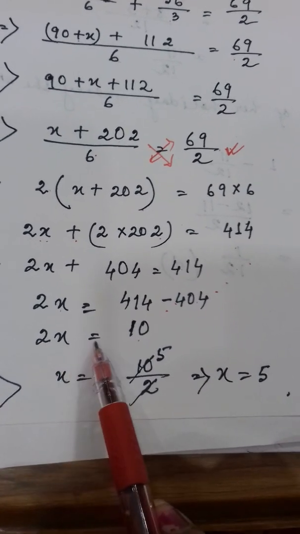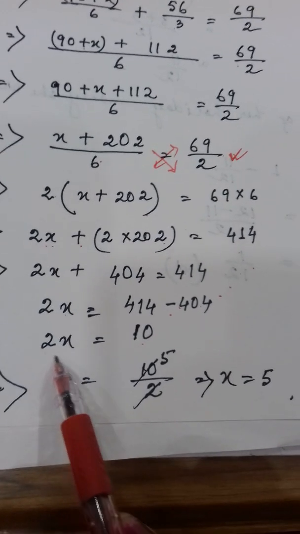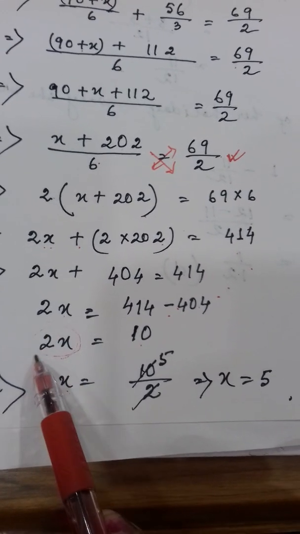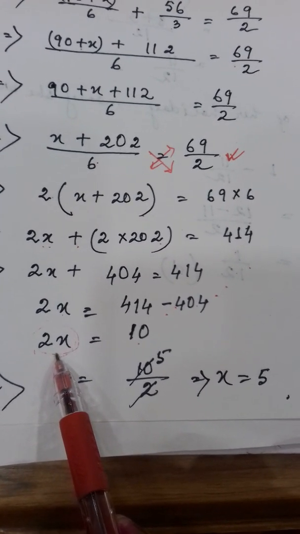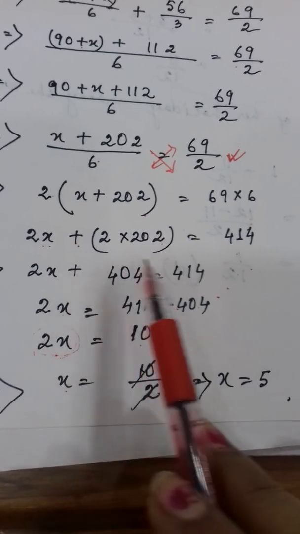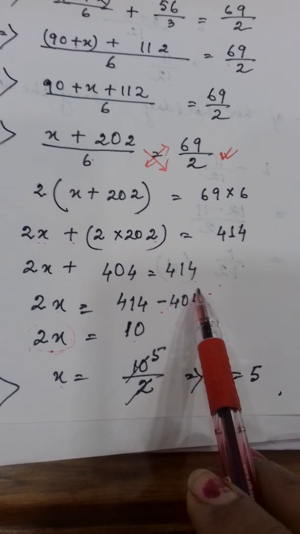Now twice x is equal to 10, but you require only x. Now this twice x means 2 into x. Again this number you are changing, it will come along with its sign. Here plus 1 when you change it will be minus, or minus when you change it will be plus.